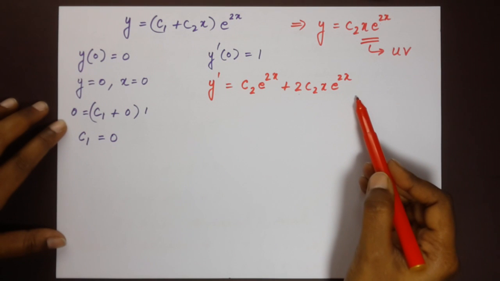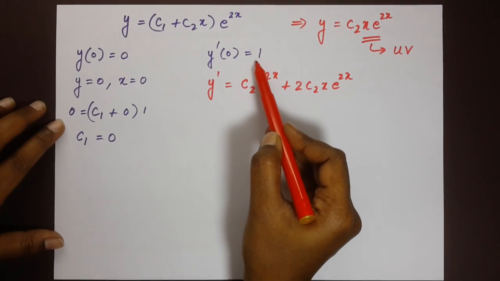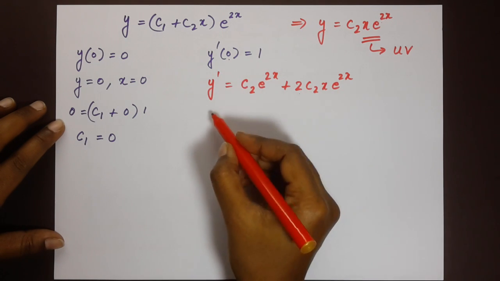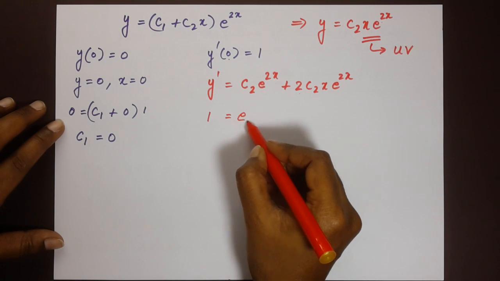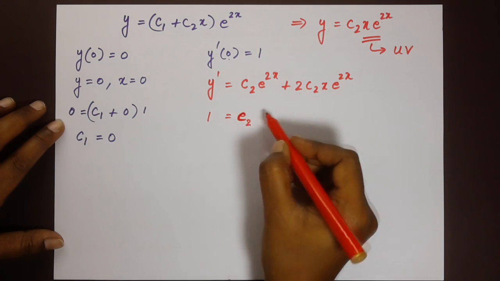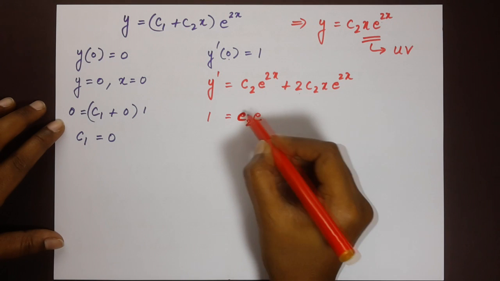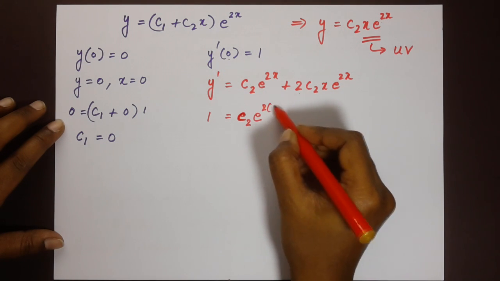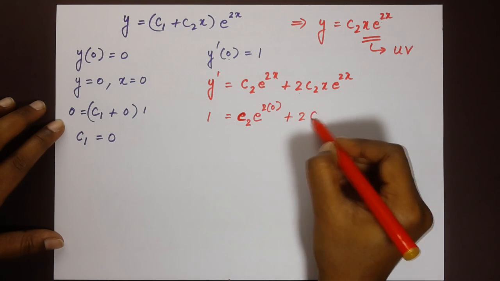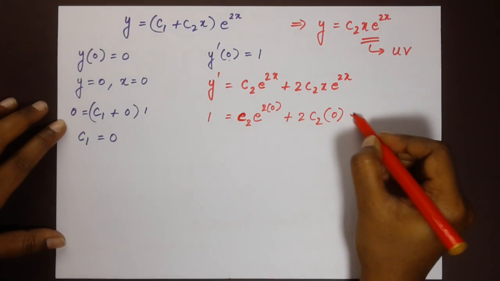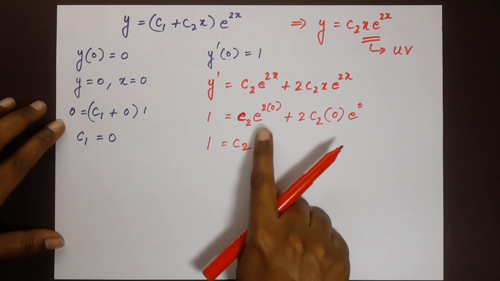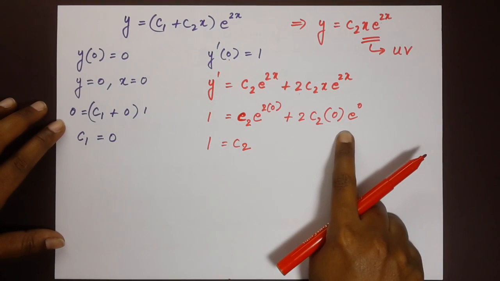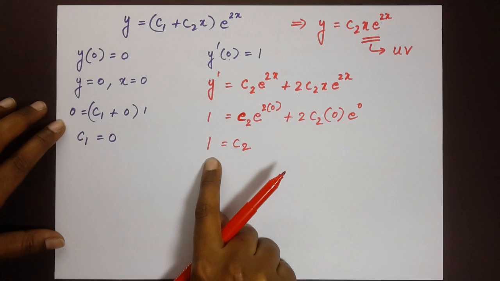This is our equation. Now y dash of 0 is 1, which means that y dash is 1, x is 0. So let's substitute that over here. 1 is equal to c2 e power 2 into 0 plus 2c2 into 0 into e power 0, and that gives us, so that's 1 and that's 0, so here we have c2 is equal to 1.